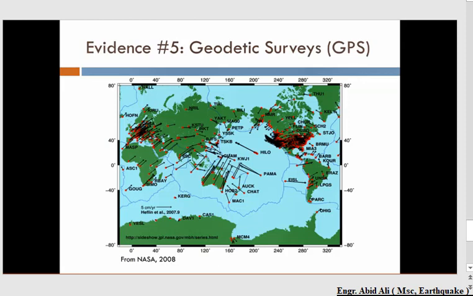the last 4 are pretty convincing, but the nail in the coffin is what we call geodetic survey. This is where we use technology to get an independent frame of reference that's above the earth, and that we can measure within centimeter or millimeter accuracy movement of itself.